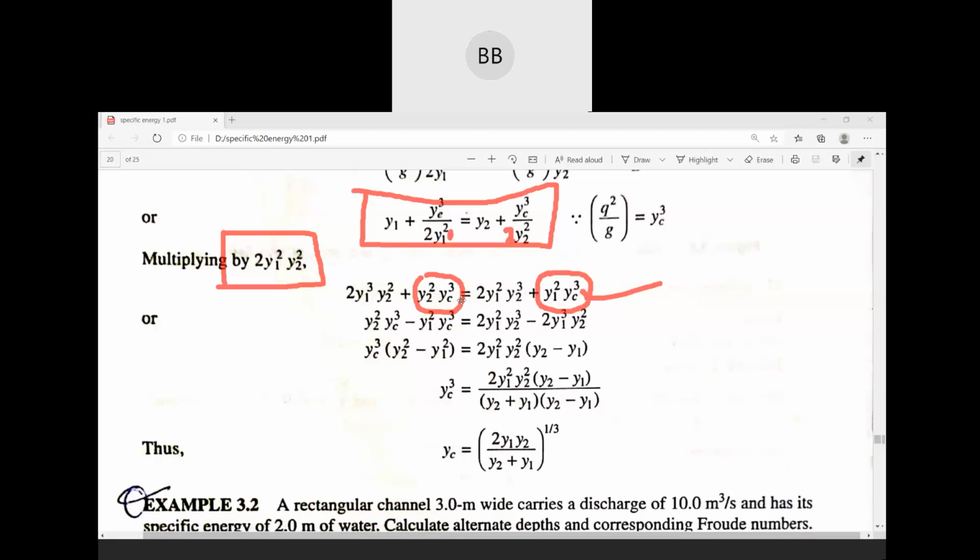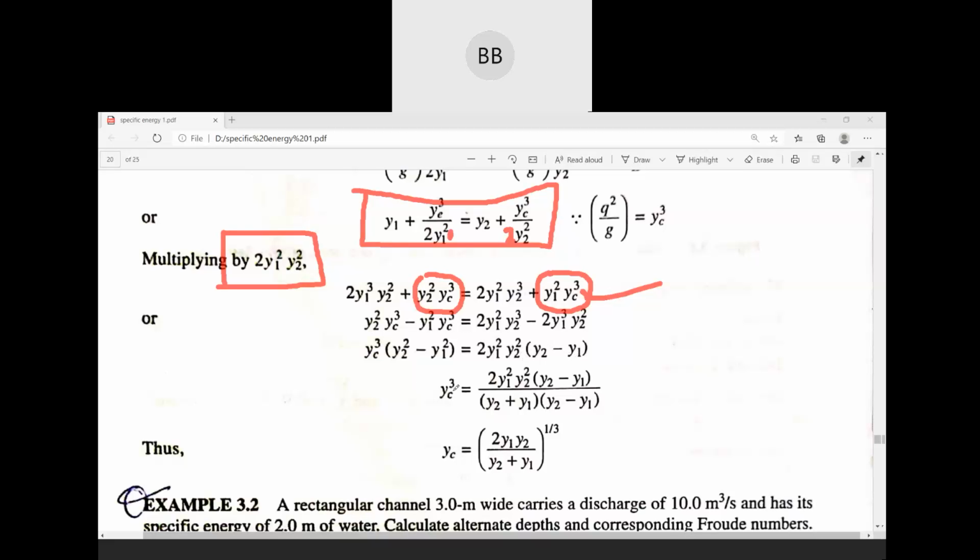If you bring this to the left hand side, it will be minus. Then this is already there, twice y1 square y2 cube. If you bring this term to the right hand side, it will be again minus. Then you take common yc cube, so it will be y2 square minus y1 square. Here also, if you take common twice y1 square y2 square, you'll be getting y2 minus y1.